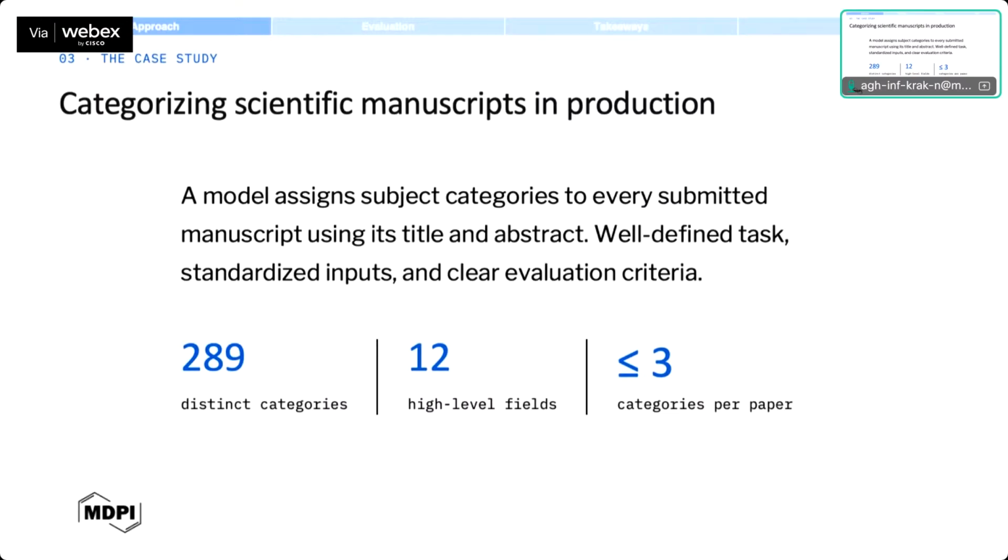So we have a well-defined task with standard inputs and a clear evaluation criterion. In this task, we try to assign up to 3 categories per paper, and we have 12 high-level groups of categories. What we are actually allowing the model to predict is 289 different categories.